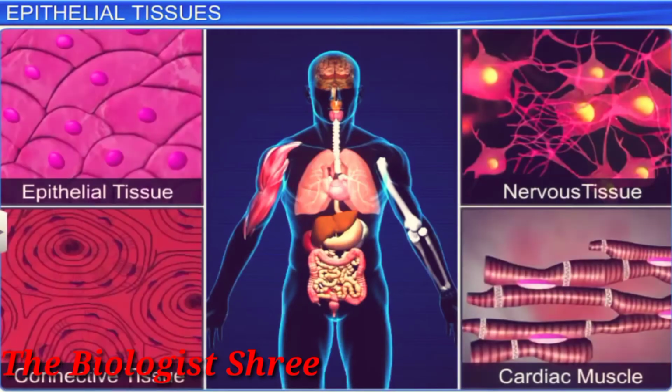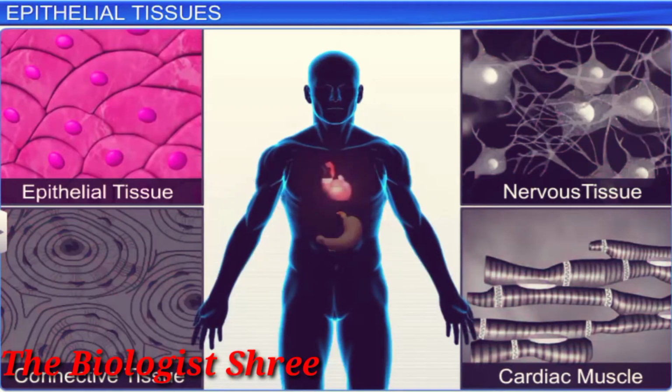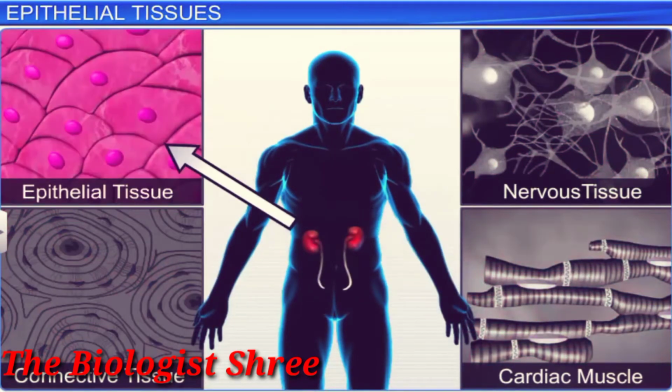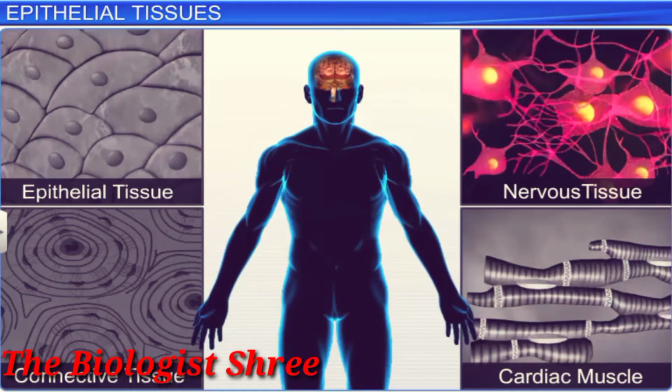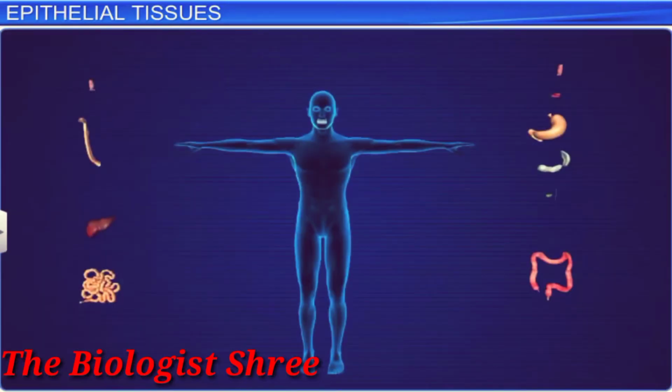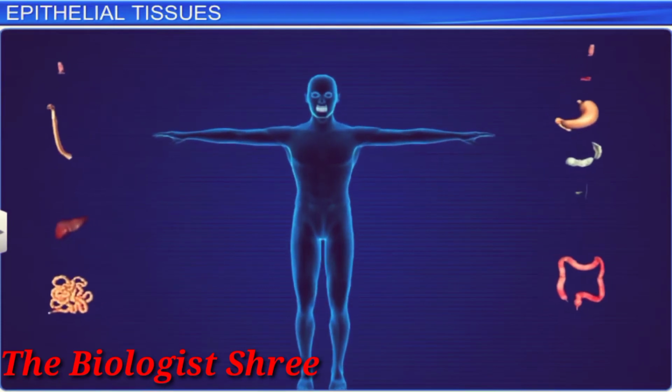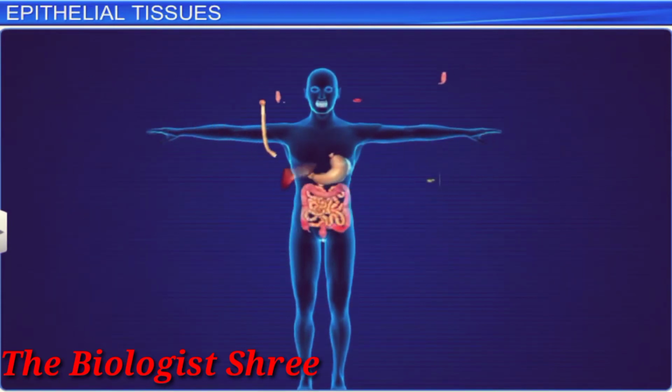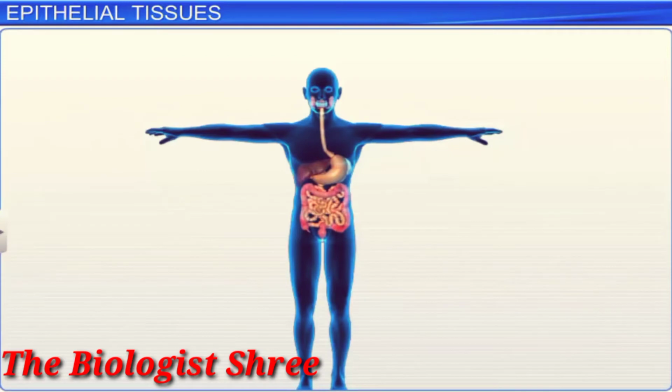These tissues are arranged in a specific proportion and pattern to form organs such as the stomach, heart, kidney, and so on. Sometimes, 2 or more organs interact physically or chemically to perform a common function.